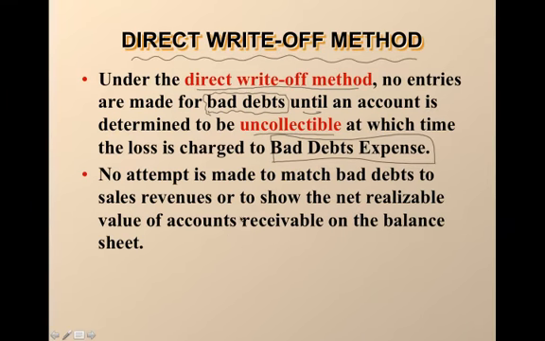Now, this is a problem because let's say you made the sale in this year. Let's use this year. So this is 2013 now. So let's say you made the sale in 2012 and you have an accounts receivable of $100. Well, you don't find out until 2013 that you can't collect it.